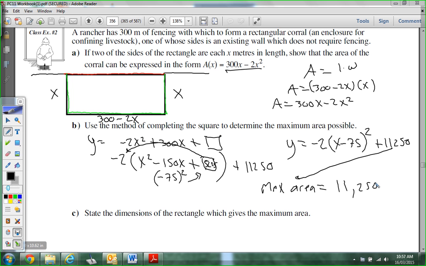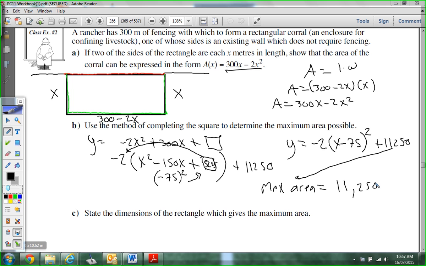Okay, state the dimensions of the rectangle that gives you the max area. So what are the dimensions of the rectangle? We have state dimensions. So what's the point at which we get the max area for x?